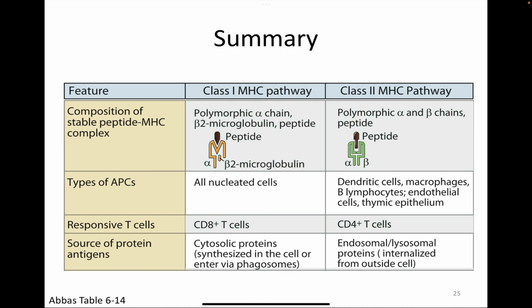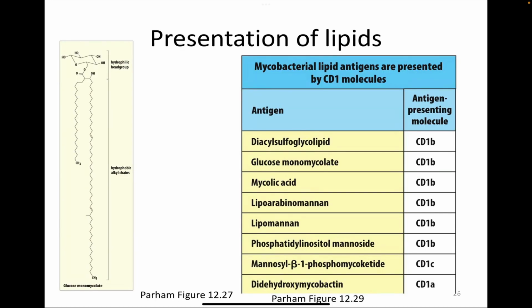We have since found that there are some weird T cells. And one of the sets of weird T cells doesn't bind to protein antigen. Instead, it binds to lipid antigen. And so there's also this process where we can see lipids getting presented in addition to proteins.